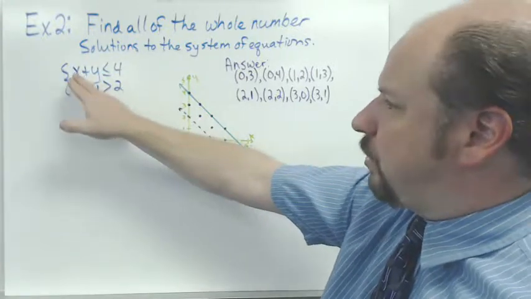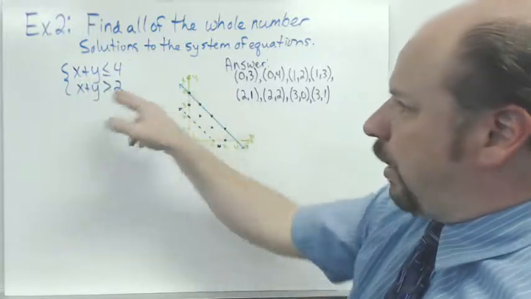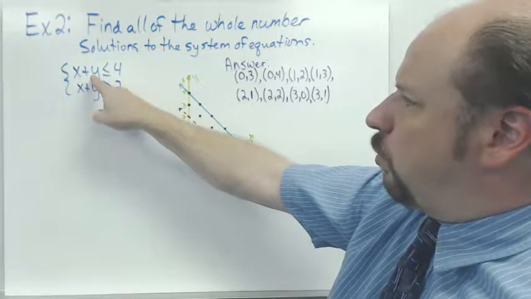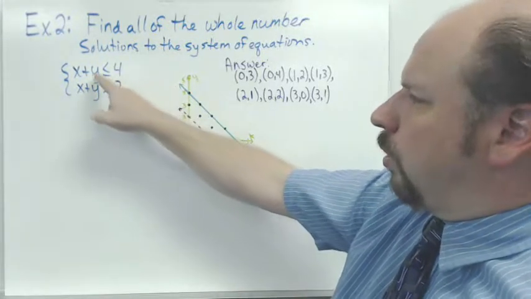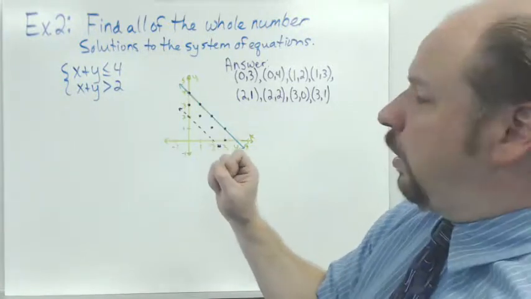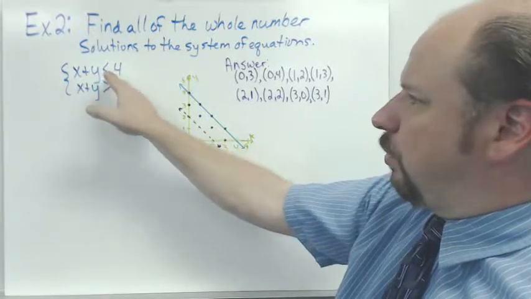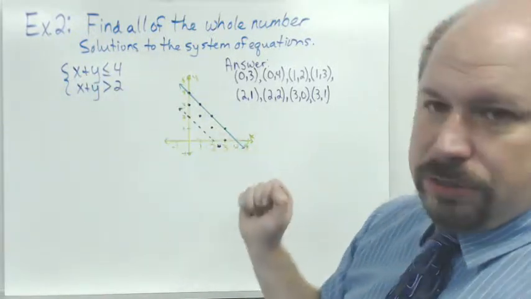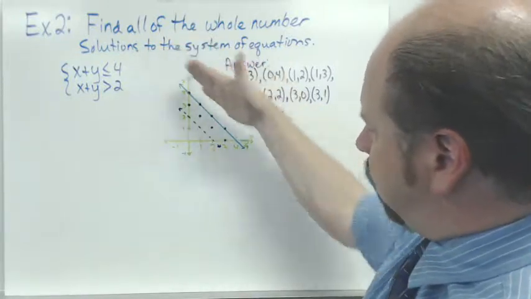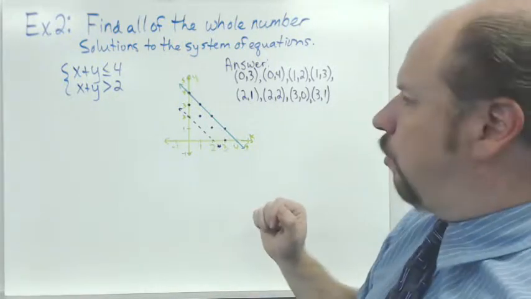If we put in 0 for x, and so to find out where our line is going to be, think about this as being equals. 0 plus y equals 4, so y would have to be 4. So our y-intercept is at positive 4. And our x-intercept, if we put in 0 for y, 4 plus 0 equals 4. So our x-intercept must be at 4 also. So plot the two intercepts, connect them with a line, and we are good to go.